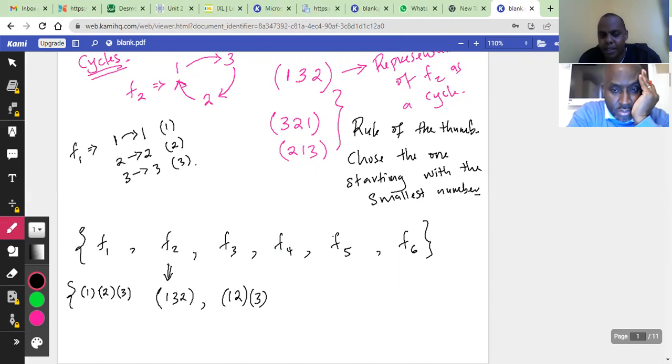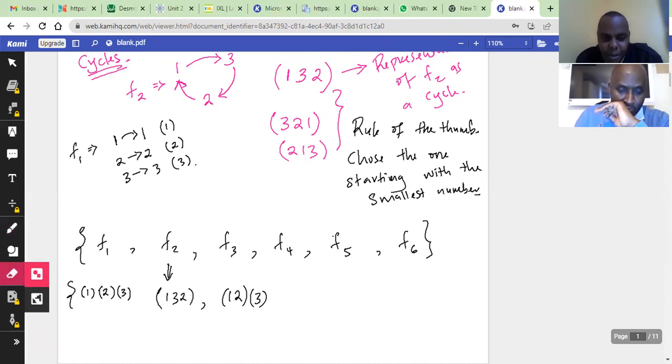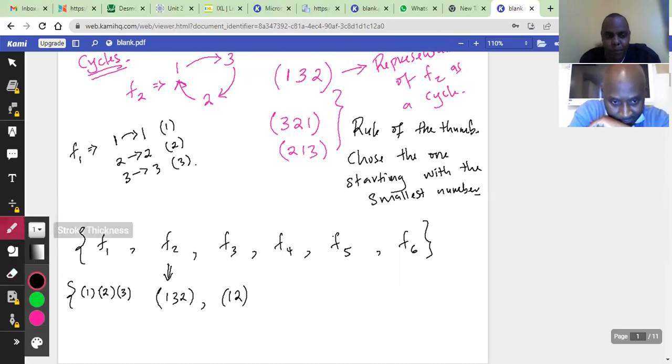So instead of writing that 3 goes to 3, we just assume it. Because as far as 1 goes to 2 and 2 goes to 1, and the cycle says nothing about 3, it's assumed that there was no change on 3.